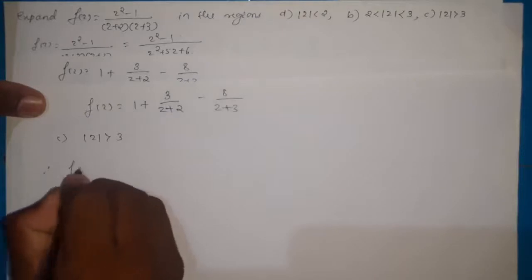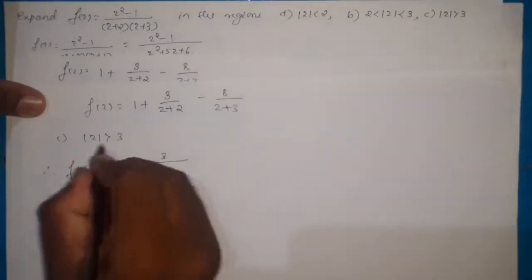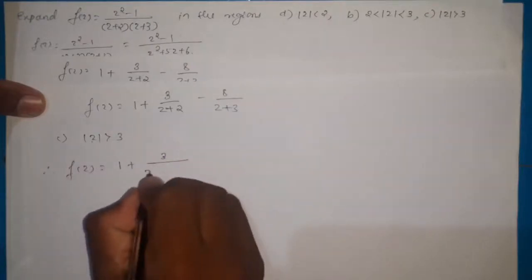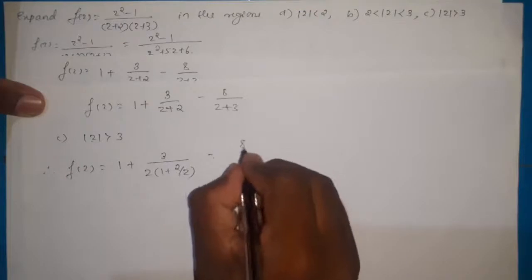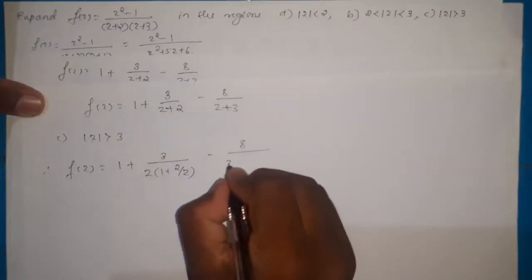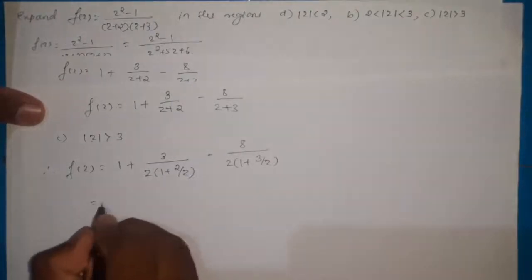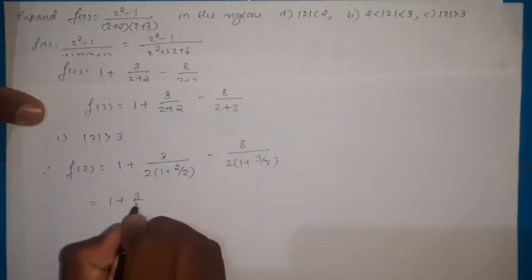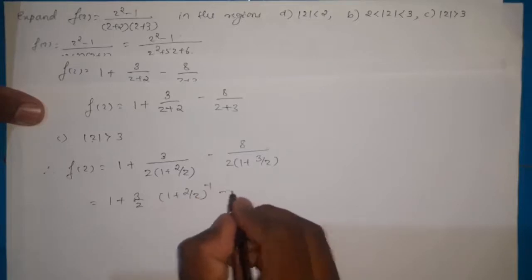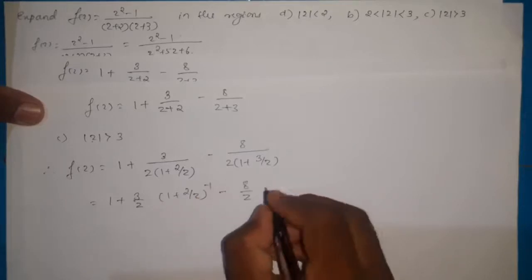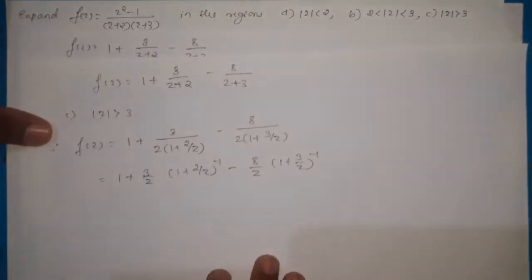So therefore that f of z becomes 1 plus 3 divided by, greater is z, so therefore z into 1 plus 2 by z, minus 8, here also z into 1 plus 3 by z. Then it is equal to 1 plus 3 by z, 1 plus 2 by z whole power minus 1, minus 8 by z into 1 plus 3 by z whole power minus 1.